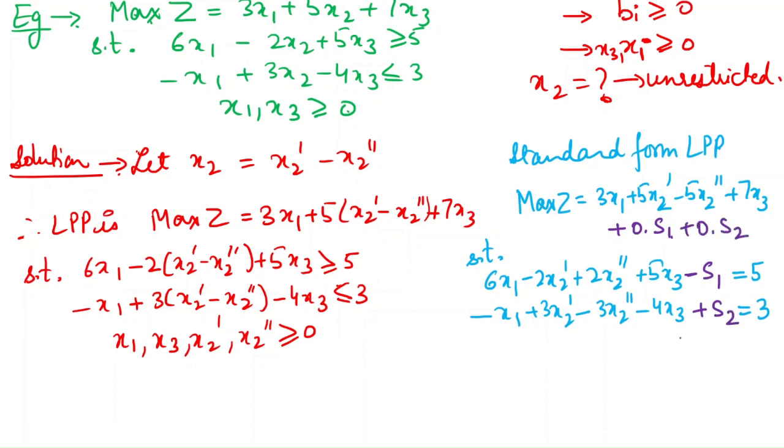So again 0 coefficient, zero cost in the objective function. So with the non-negativity constraints, x1, x2 dash, x2 double dash, x3, s1, s2 greater than or equal to 0. So this is what we have in the standard form of the linear programming problem.